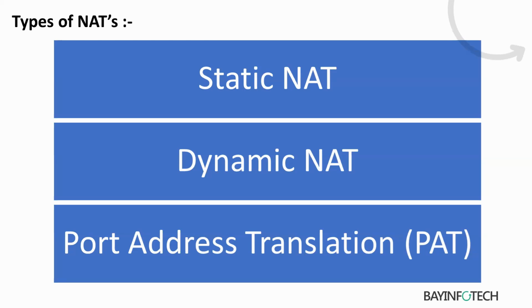Now let's look at dynamic NAT. Again, the NAT device will consist of a pool of IP addresses. This time though, the pool of IP addresses will be used when needed and then given back to the pool.